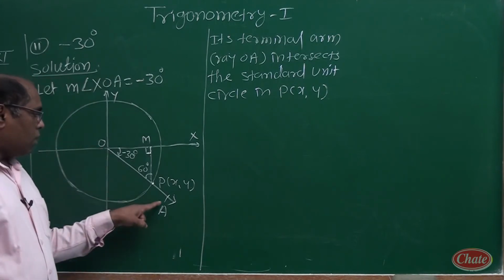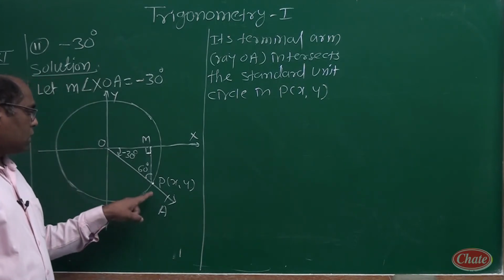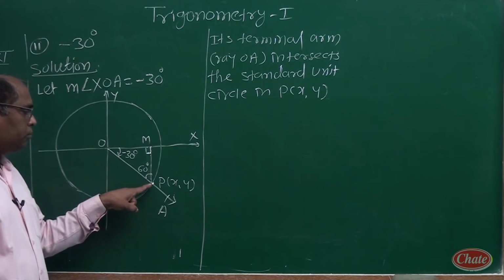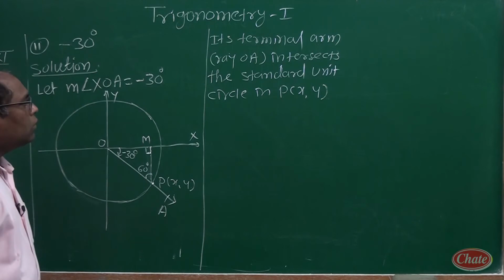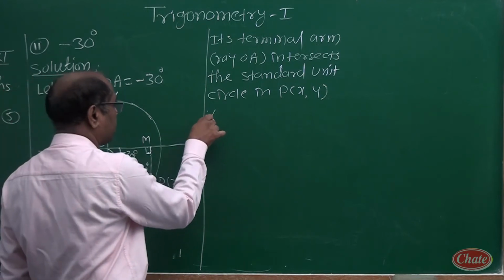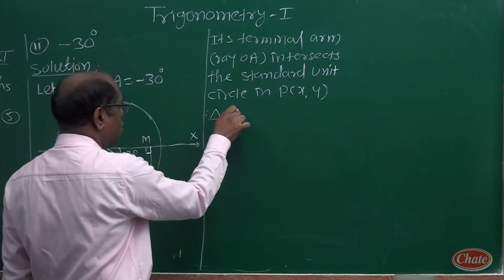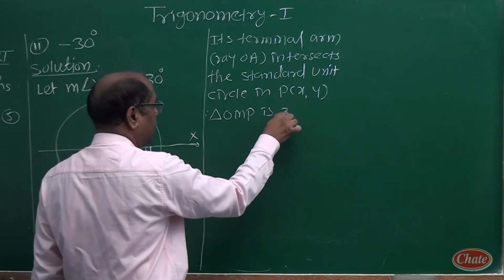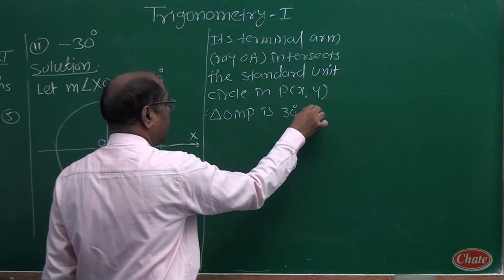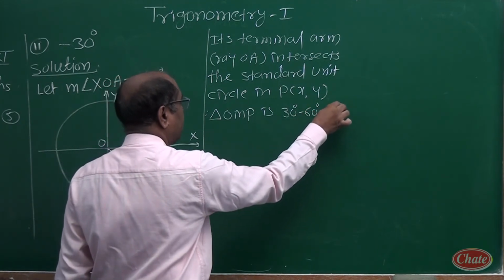Its terminal arm OA intersects the standard unit circle in the point P(x, y). So therefore triangle OMP is a 30 degree, 60 degree, 90 degree triangle.